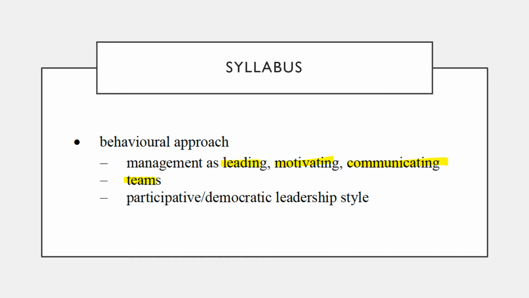And the leadership style that gets used is this participative or democratic leadership style, which essentially means that people below the high up managers actually have a voice in their business and in what they say. So just like we live in a democracy, we get to elect our particular government and our prime minister and things like that. The same sort of concept is adopted in this approach.